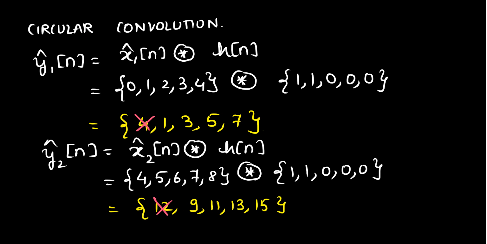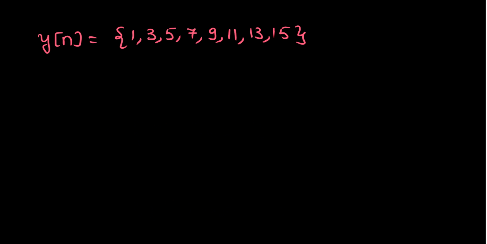So this is basically equal to 9, not 19. So this is the value of y of n that we obtain here, and this is the required filtered output.